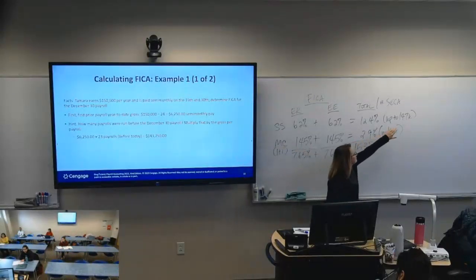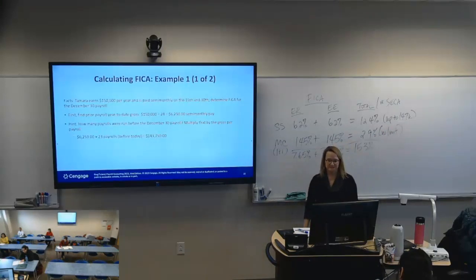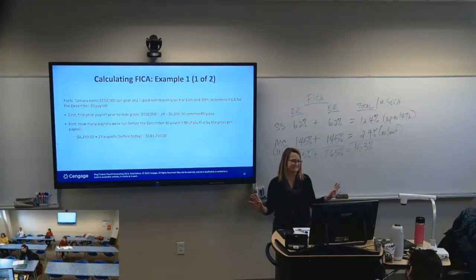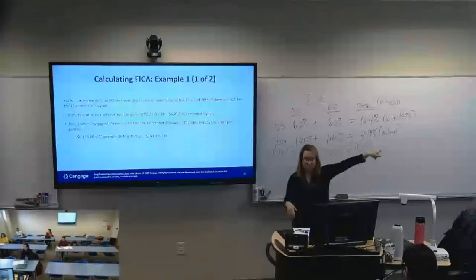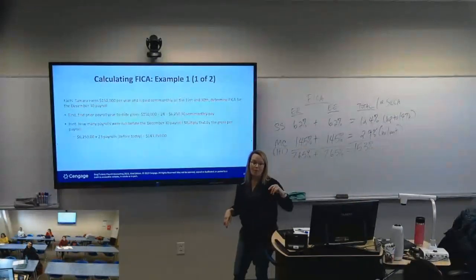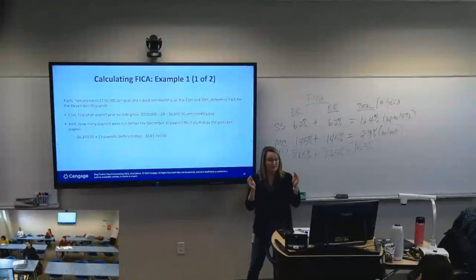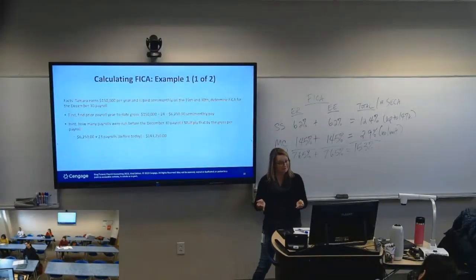We know she's over that 147, so we're going to have to do a little more advanced calculation. Up to 147,000, easy, right? Once we get to 147,000 though, or if we have more than one job, because remember that limit is per individual per year.